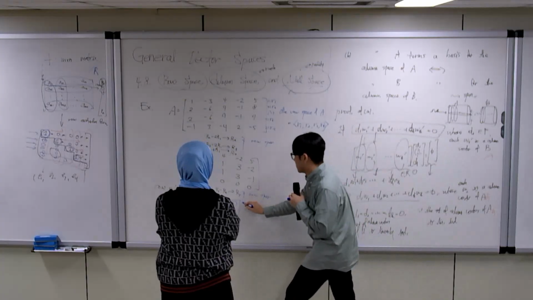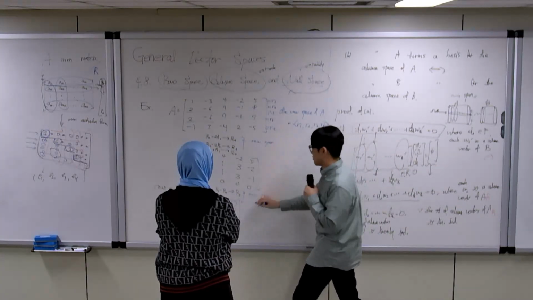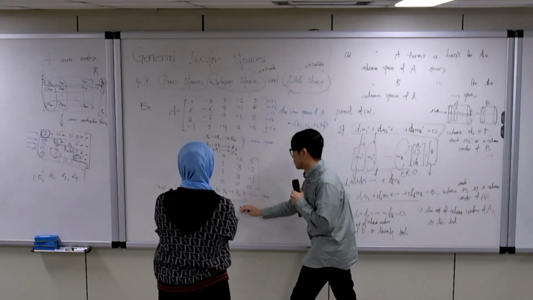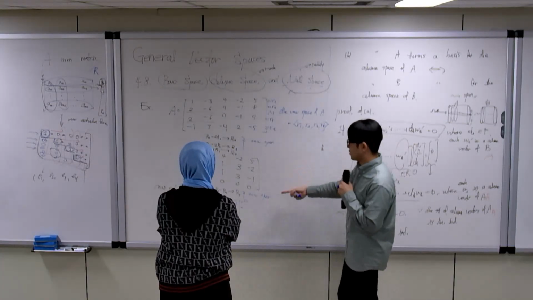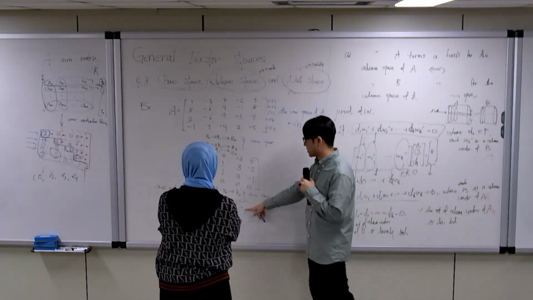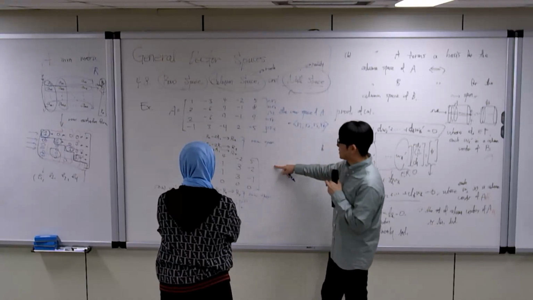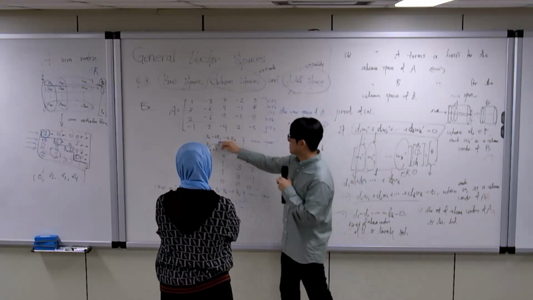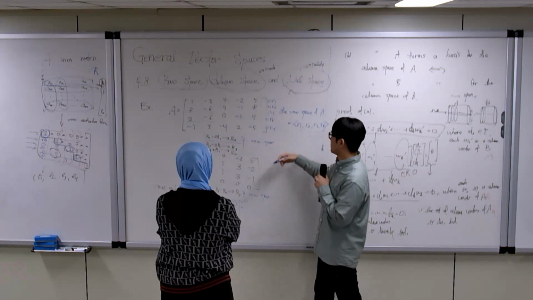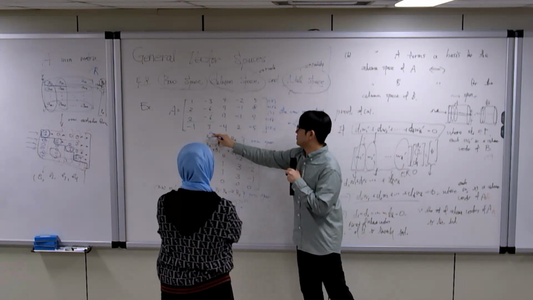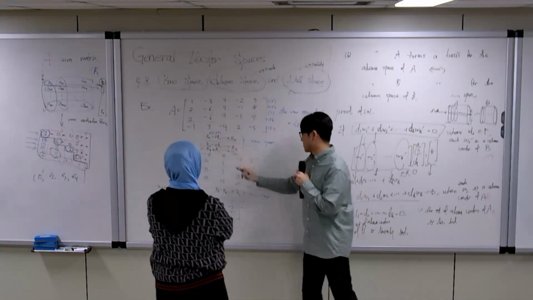That means we didn't change the first row, so it is R1. And the second row was R2 minus 2R1.